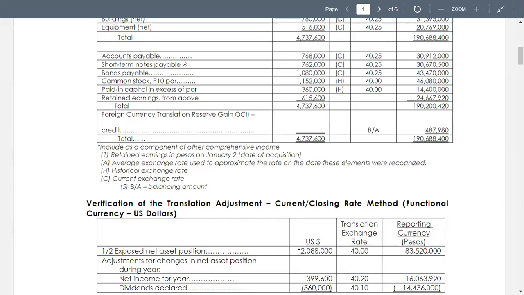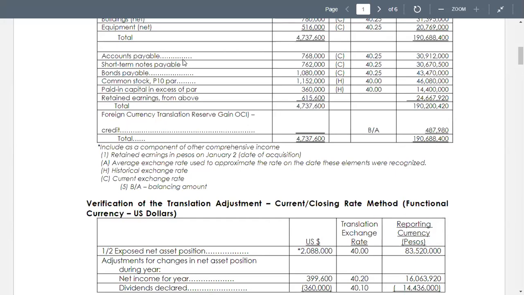On the other hand, non-monetary assets and liabilities carried at current or future exchange prices, like marketable securities or your inventory carried at replacement cost, are translated by using the current or the closing exchange rates.